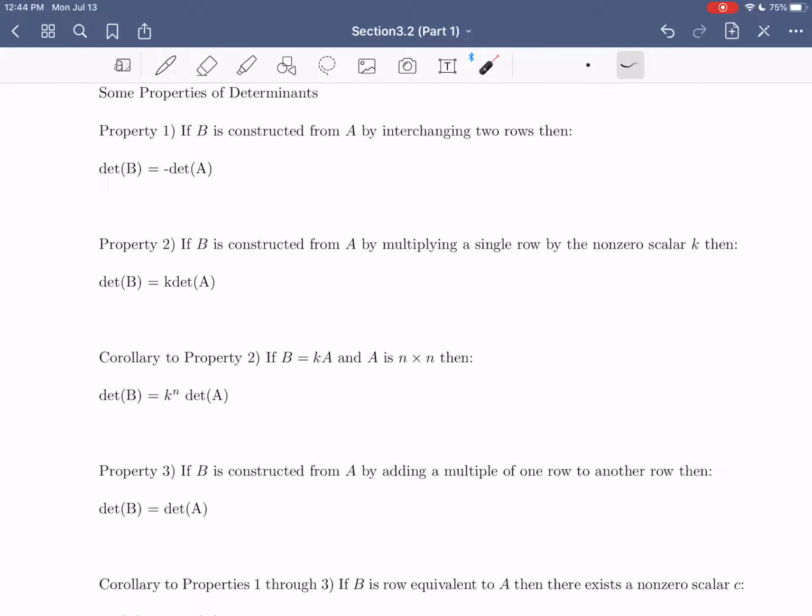Once you put all those different factors together, every one of these is either multiplying by negative one, multiplying by a scalar, or not doing anything.